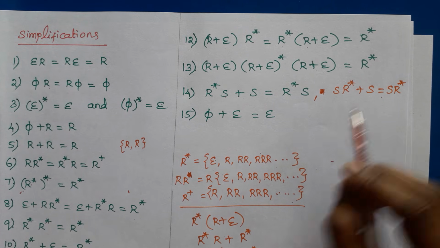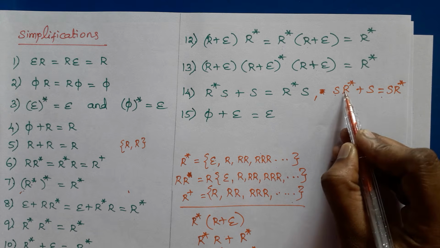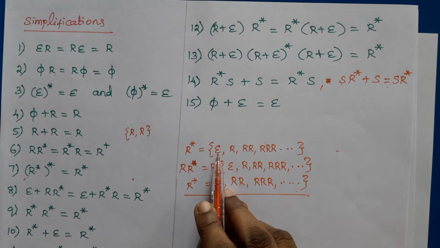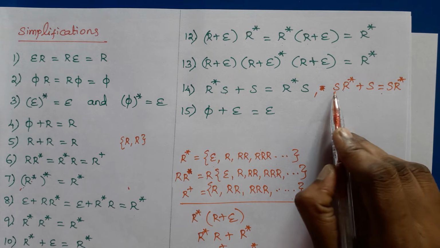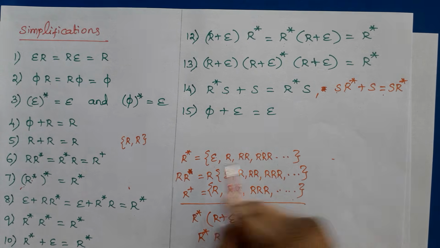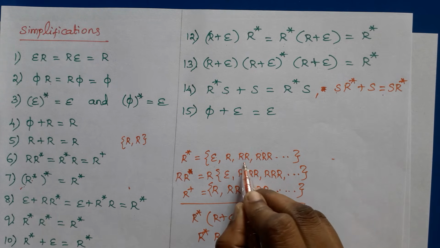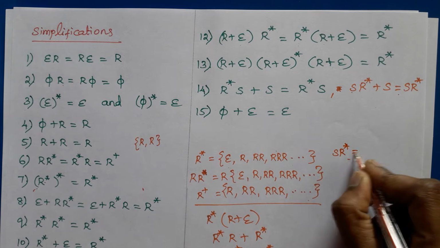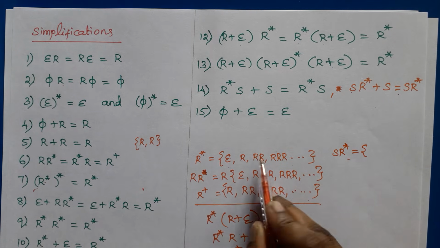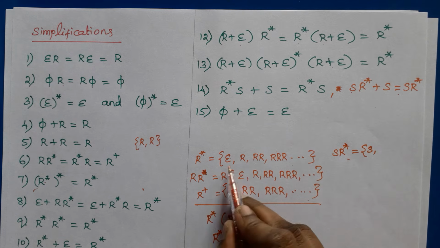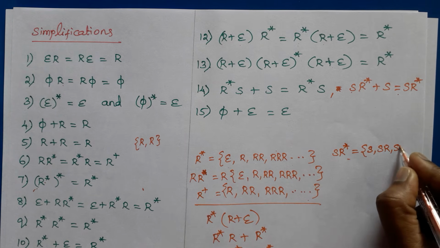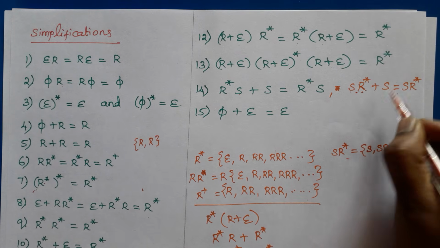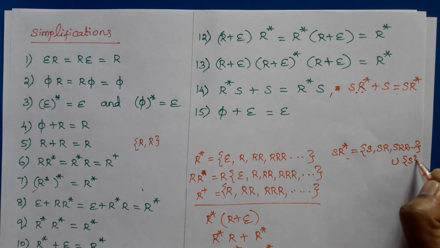Union S part can be removed, because S R star means, if you consider R star means any number of R including epsilon. So if S is concatenated with that, we will get S, S R, S double R, etc. Right? S R star means S must be concatenated with this R star. So S, S R, S double R, etc. So this one, union S, again S is included here.